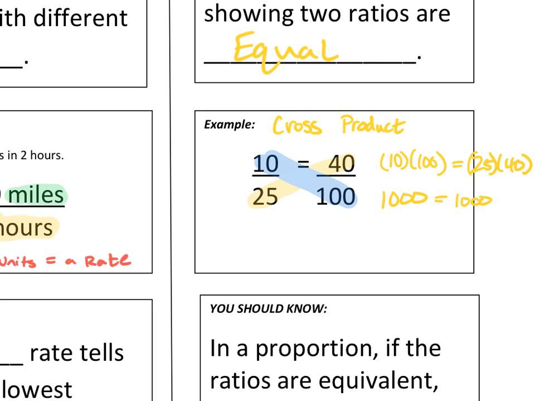Those are the same, therefore it is a proportion. That's how you show it's a proportion: by cross multiplying.